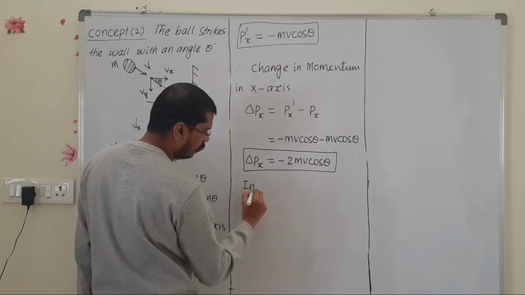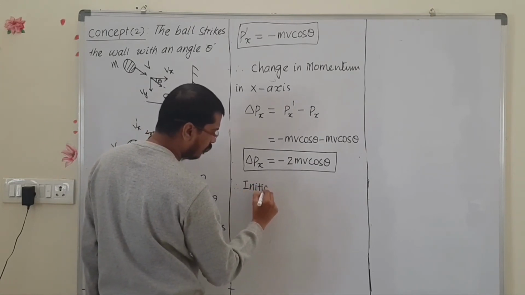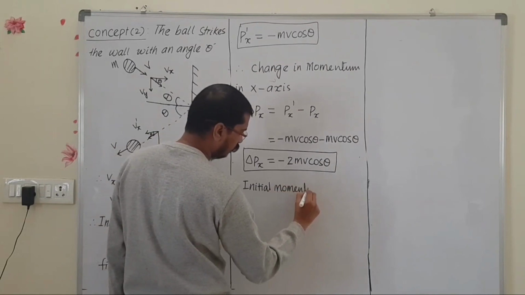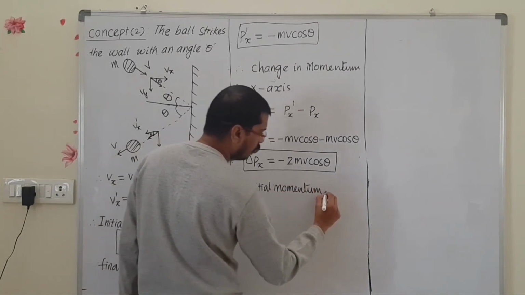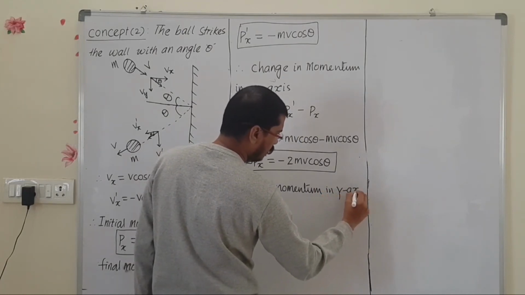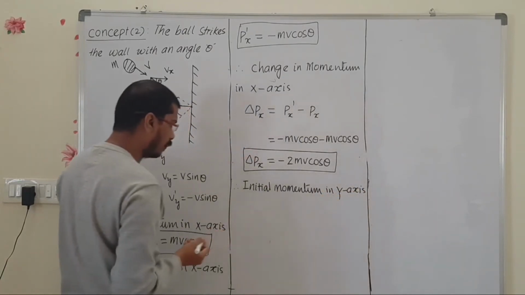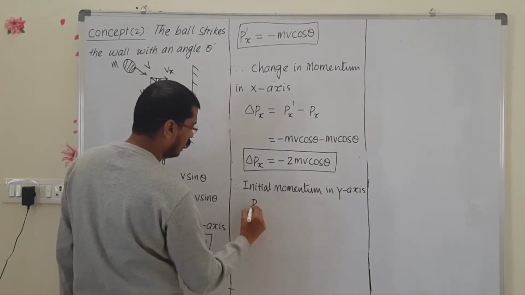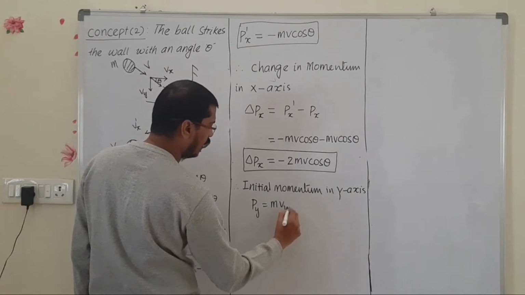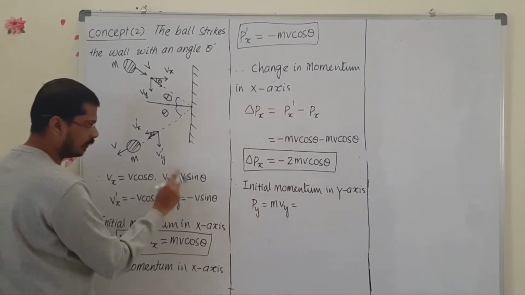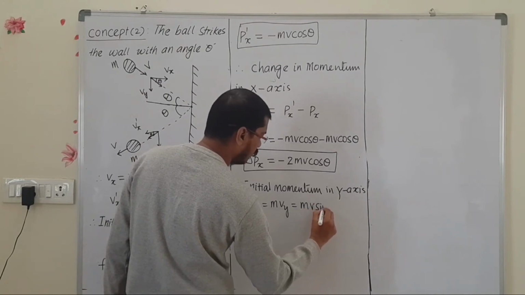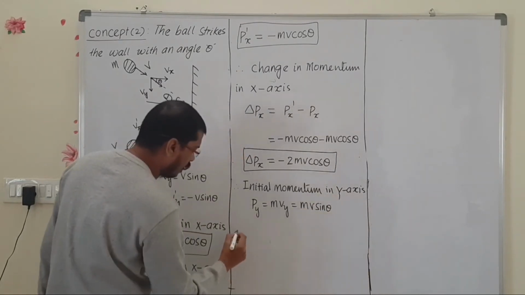Initial momentum in the y-axis. Here the initial momentum in the y-axis, py, is equal to mass into velocity, and that is mv sin theta.